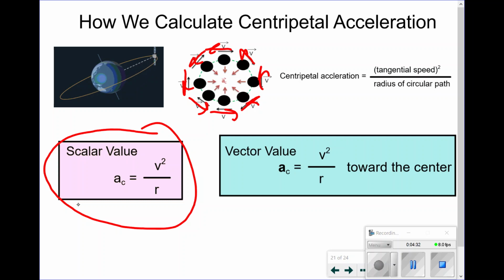If I want to clearly state this as a vector, I simply restate what the c means and say that it's towards the center of the circle. And that is what centripetal means anyway, center seeking, towards the center. So you can really argue that every centripetal acceleration value is a vector value because you state the direction in the name. It's centripetal.